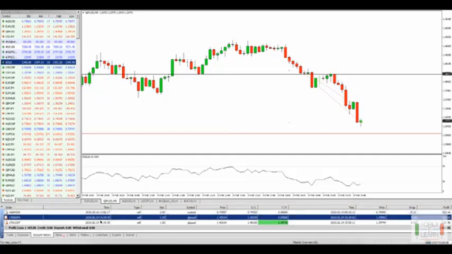So the initial sterling dollar short, well, both of them, 2.5 lots were sold from 140.16, 19 minutes past 2, and as you can see, we had a trail stop to 140.10.